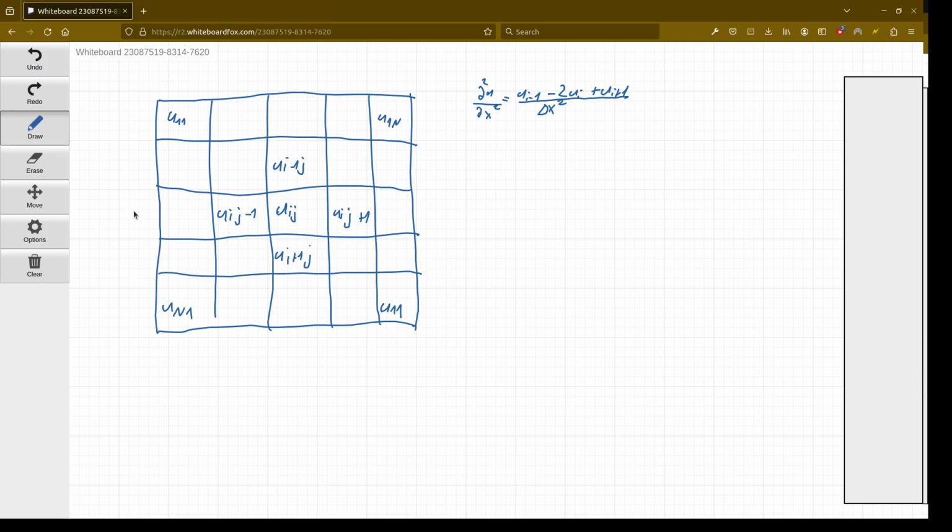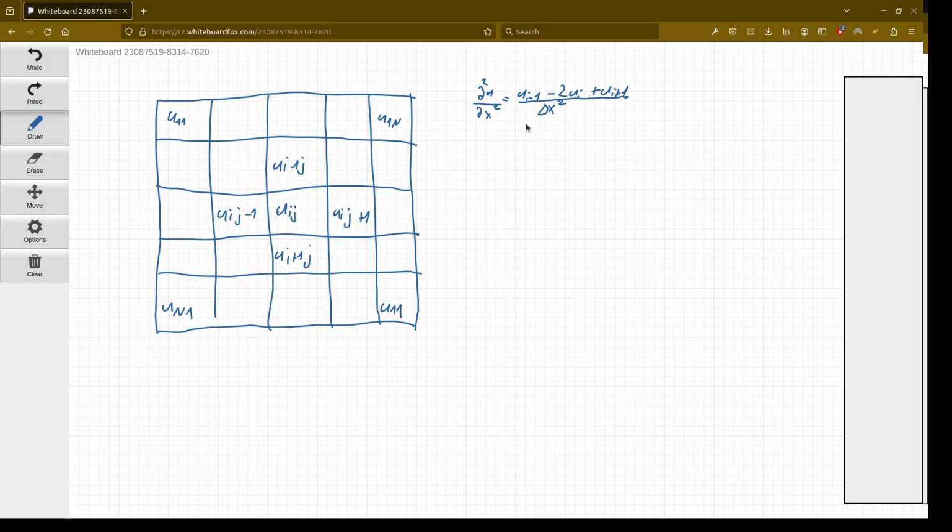So now that we have our whiteboard ready, I brought you a little sketch of the grid that we're going to solve the heat equation on. It has indices for x and y directions, and we're going to first of all think about the second derivatives.